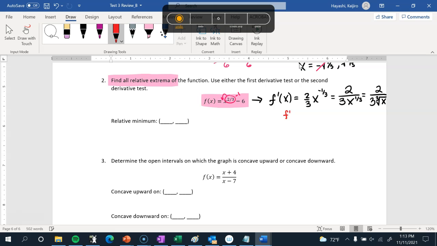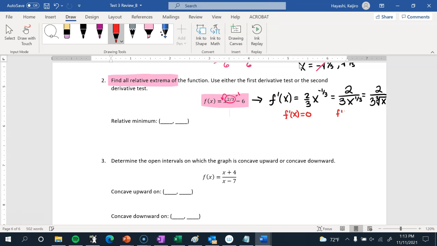So we find our critical numbers by finding out where f prime equals 0, or where f prime is undefined. Now, if you tried setting this equal to 0, you might find that it's impossible.